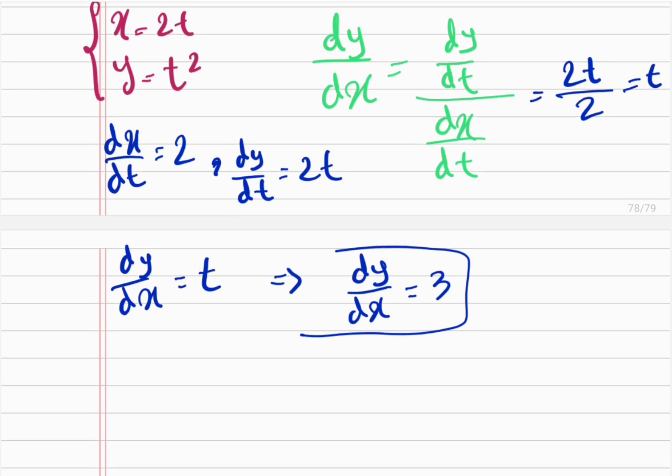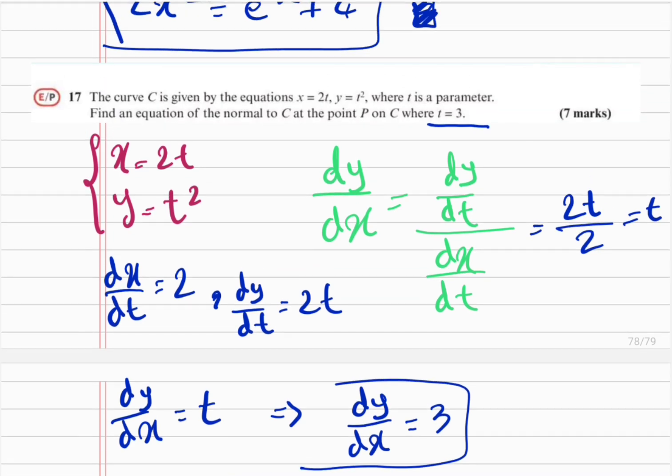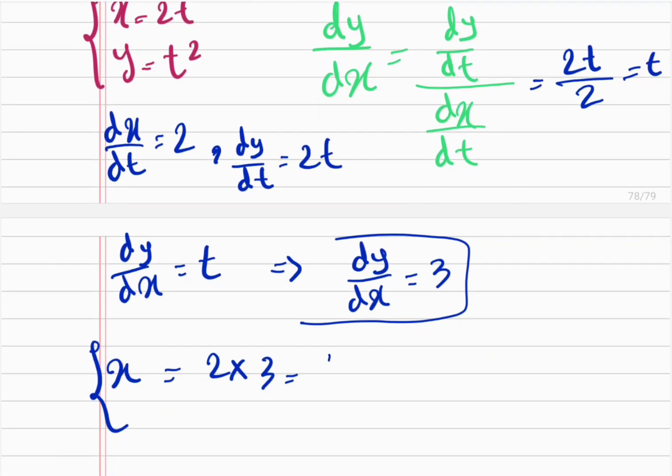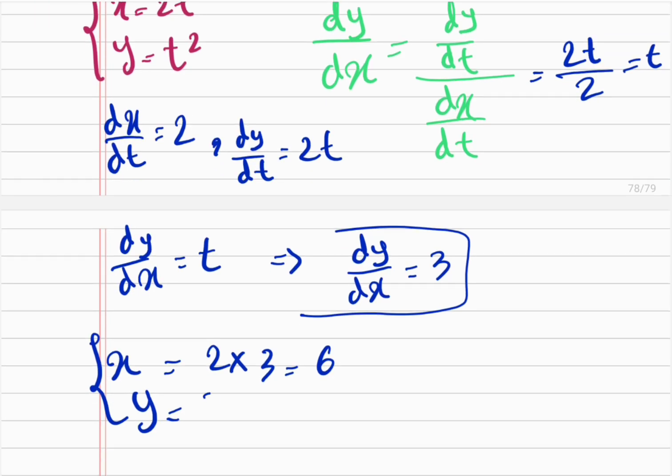So the x coordinate of P is equal to 2 times 3, which is 6, and then y is equal to t squared, so substituting is going to be 9. Okay, so the coordinates of point P are 6 and 9.